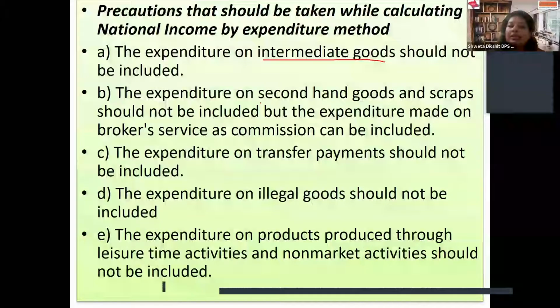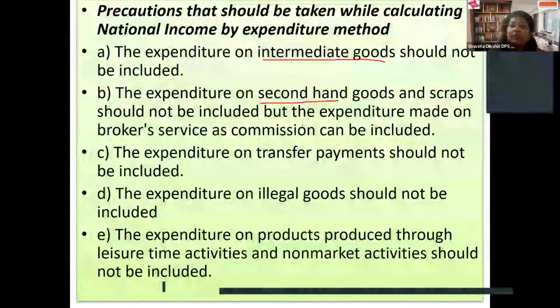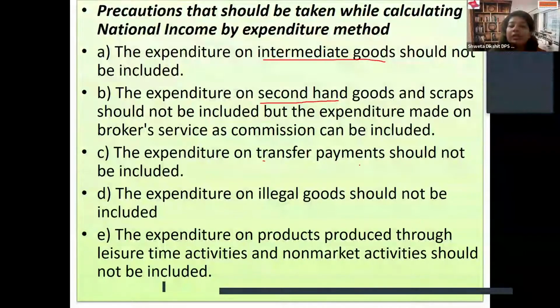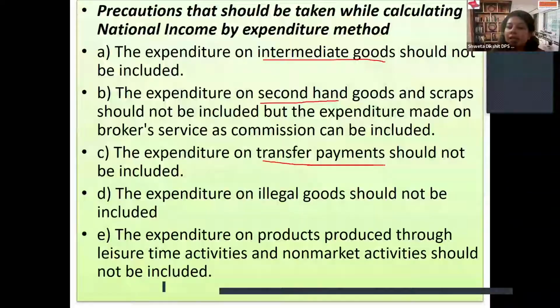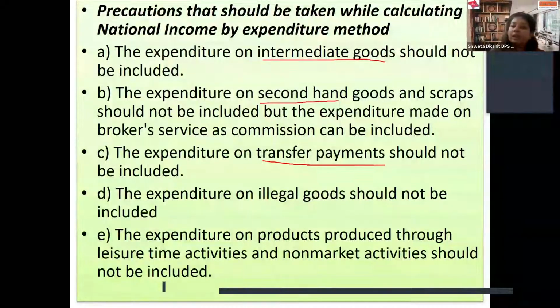We also do not add the second-hand good purchase and sales, as I've already explained. It also does not include any kind of expenditures made for transfer payments, as I just told you, because transfer payments are unearned income and they are not part of national income. Only the factor income can be included.